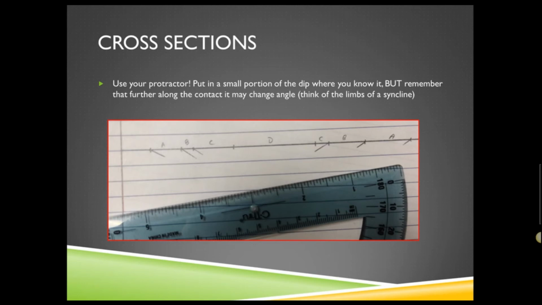It changes as it reaches the apex of the fold, and along that hinge line, it levels out and then goes down in the other direction. But at the surface, you have a dip angle, so you want to get that correct. And then you can see in this little example here, it's obviously some kind of a syncline feature, and I can extend them down and connect the matching bed type, like the B with the B and so forth.